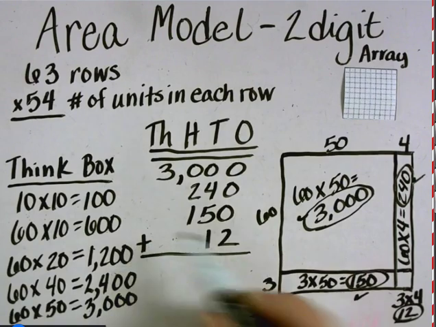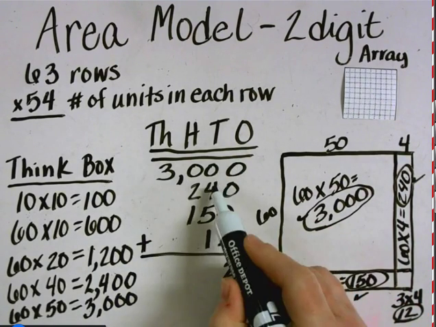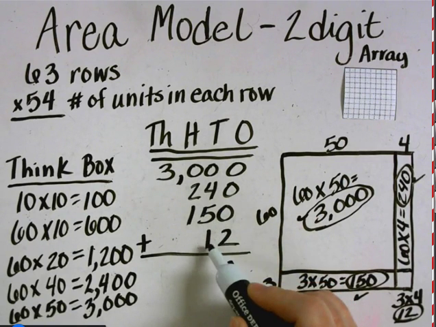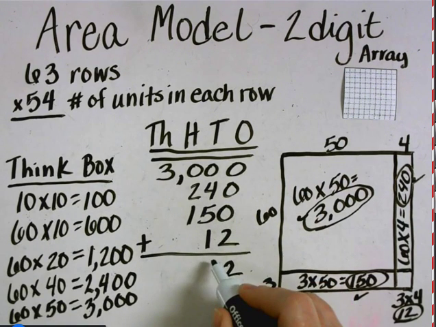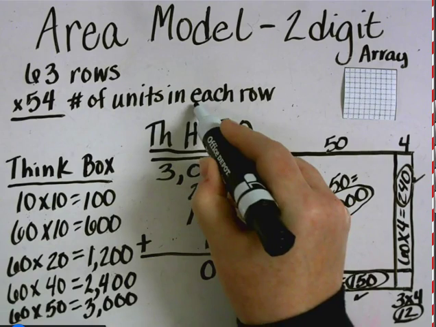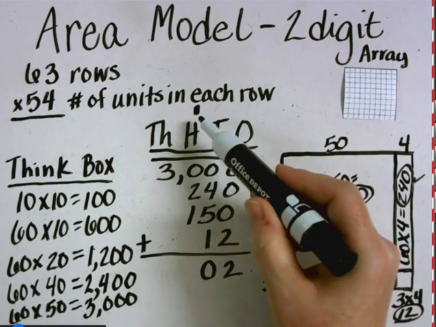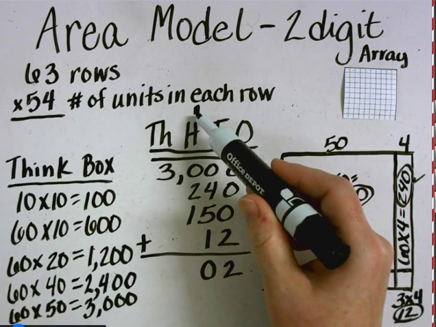Now when I add these all together, again I start in the ones place. It's 2. I have 4 tens, 5 tens, and 1 ten. That is 100, or 10 tens. So I'm going to list that as 0. I'm going to carry that place value, one group of 100, to the hundreds place.